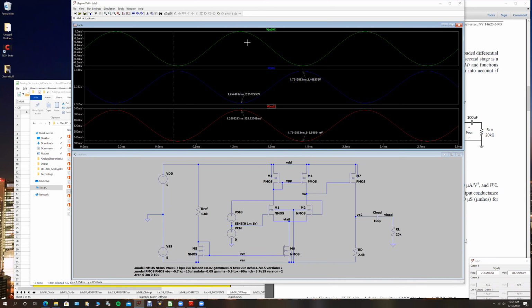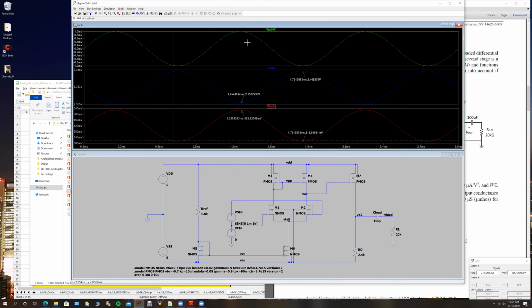So about 200 millivolts here, and it looks like VO1 is moving by about 50 millivolts. So 200 over 50, the gain's about 4-ish, but you can come up with a better estimate than that when you get more precision.